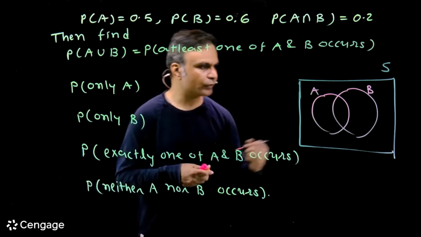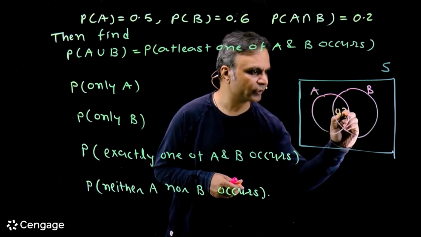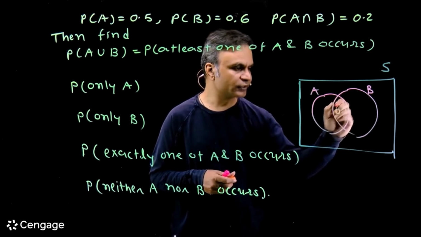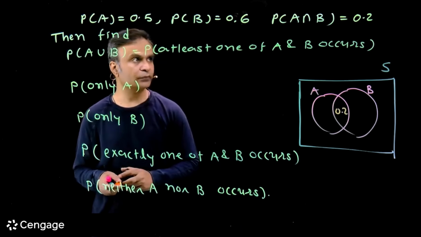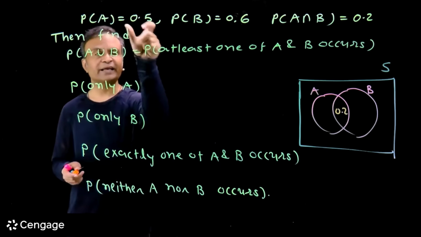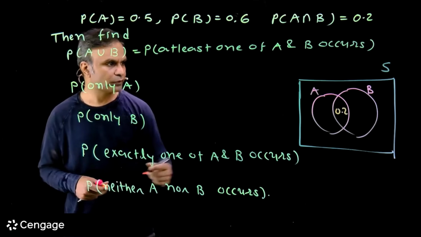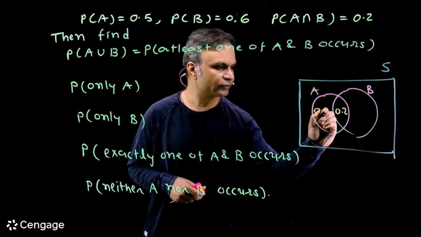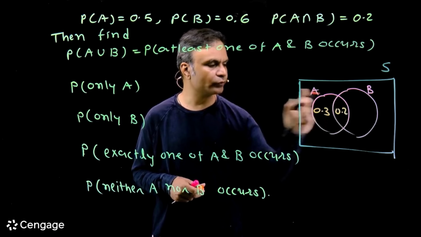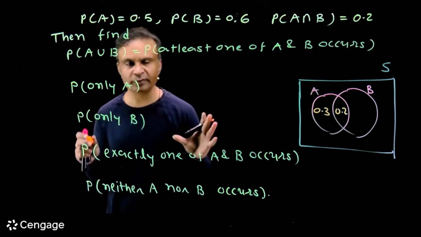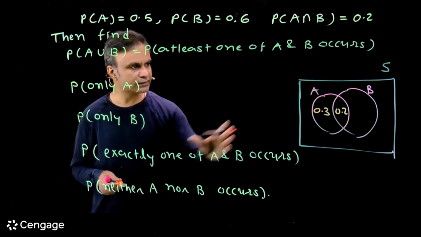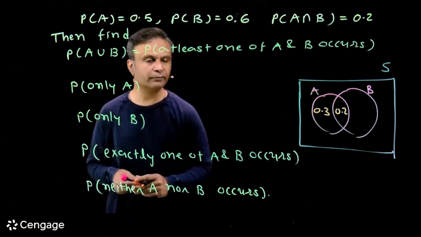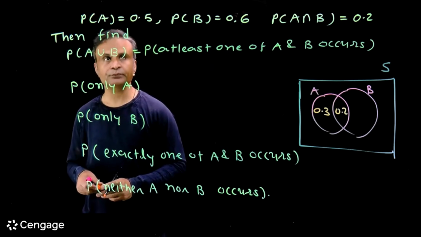So we put the 0.2 value here in the region of A intersection B. Now probability of event A is 0.5. So here we put value 0.3. So we have 0.3 plus 0.2 is equal to 0.5, which is the probability of event A. This is how we fill the different regions of the Venn diagram.